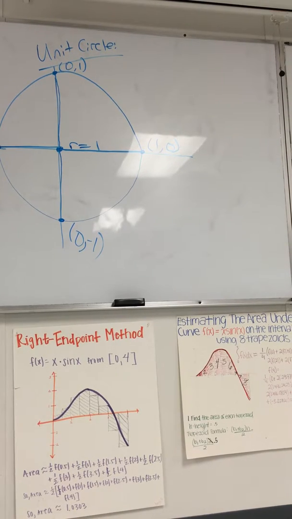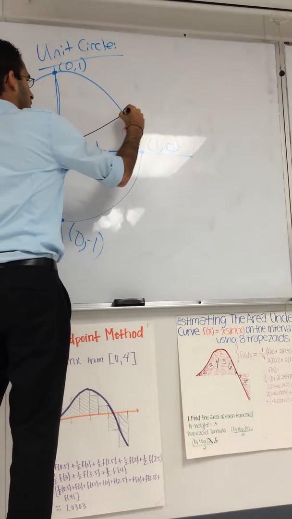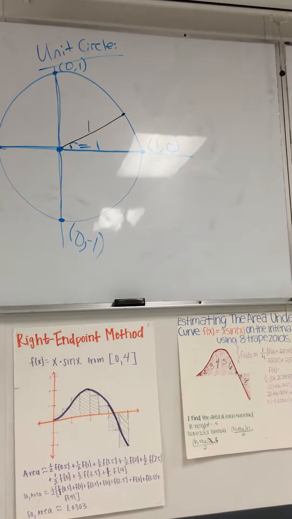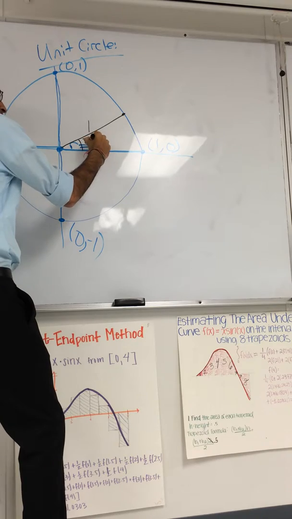All right. Any questions on this one so far? So let's assume for discussion purposes you draw a line here. We know the distance of this line is 1. The distance from the center to any point on the circle is 1. This right here is 30 degrees.